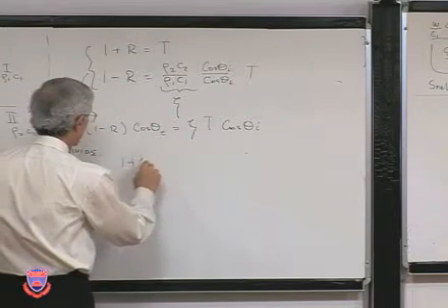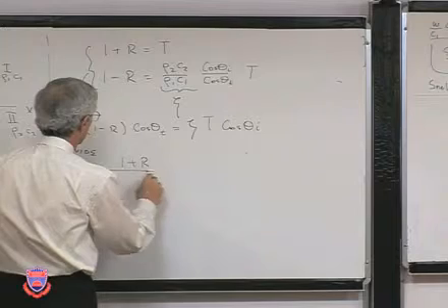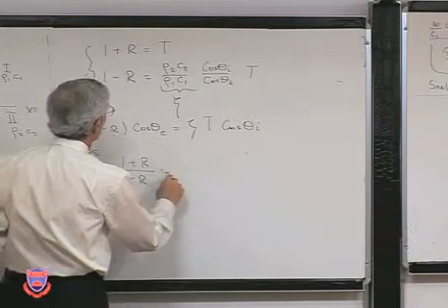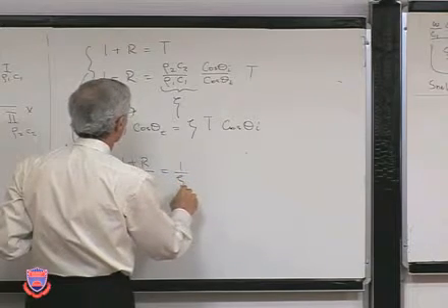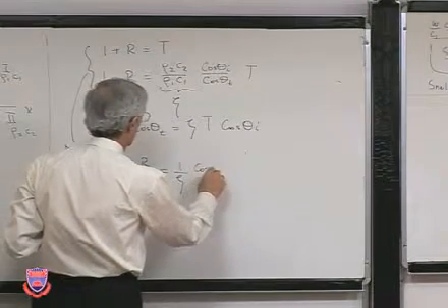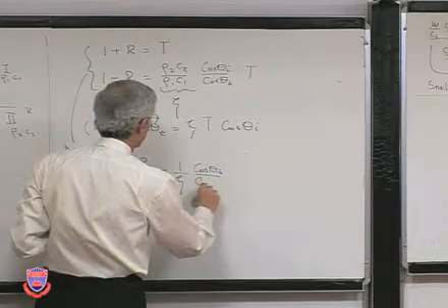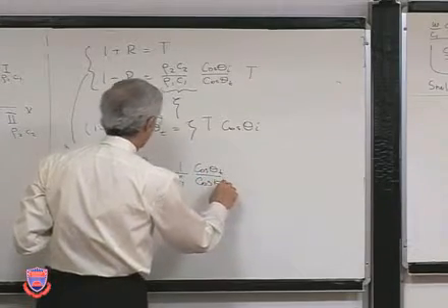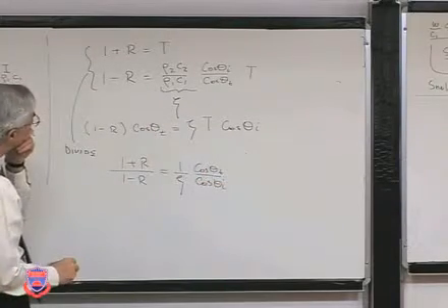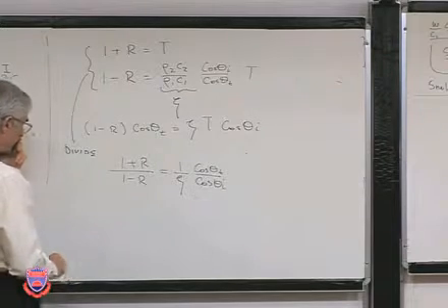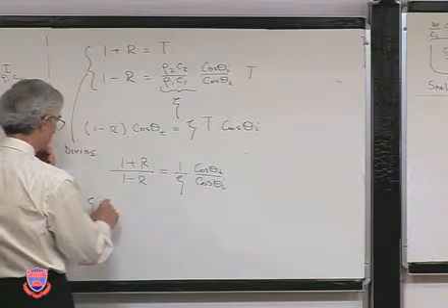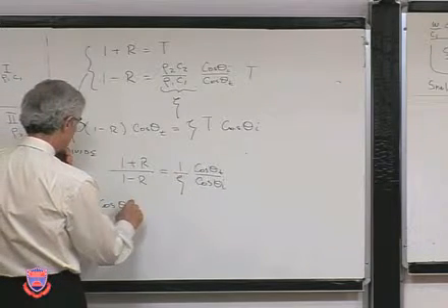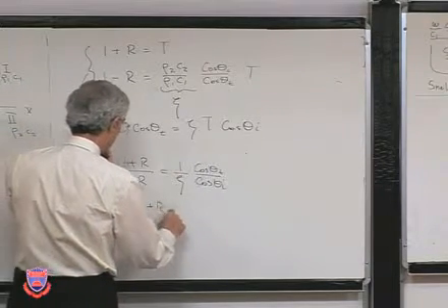If we divide them, it's a lot easier. 1 minus r, then we have 1 over zeta, cosine theta_t over cosine theta_i. Now we can simplify this.